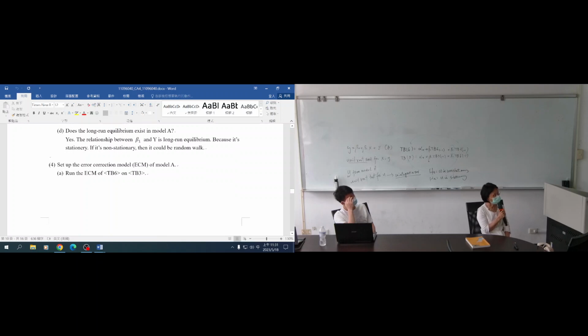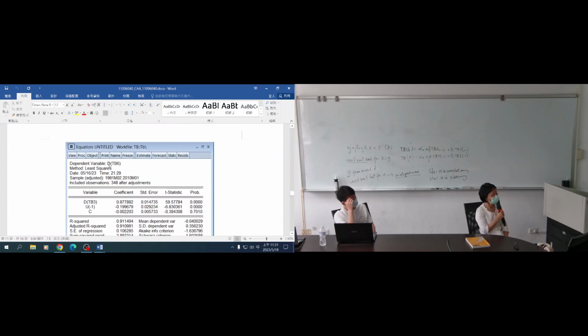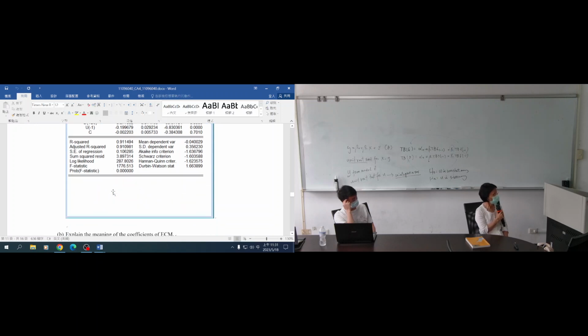So the ECM model is like this one, the delta TB6 and delta TB3, this is the short run, and U with lag 1.